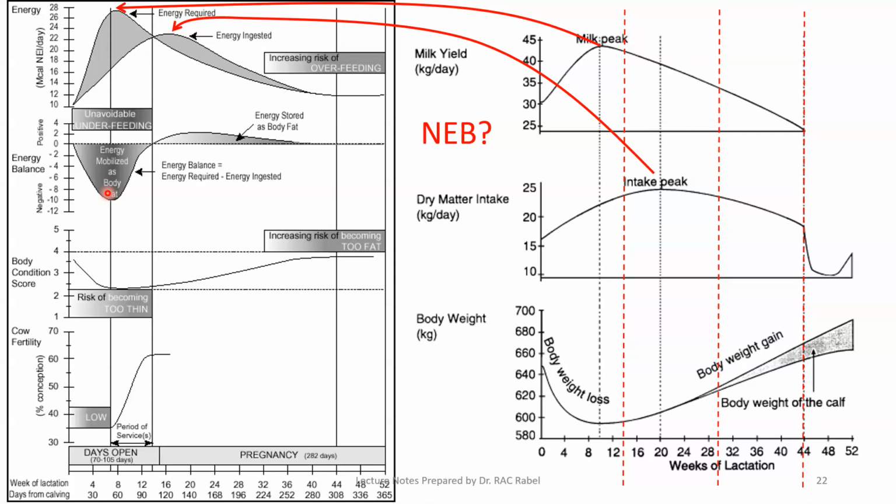Now that might be a good thing for somebody like me, with a big stomach, but for a dairy cow, I don't know if that is such a good thing. So this is reflected as the body condition score. We say the animal's body condition score goes down because the animal's body fat resources are being depleted.